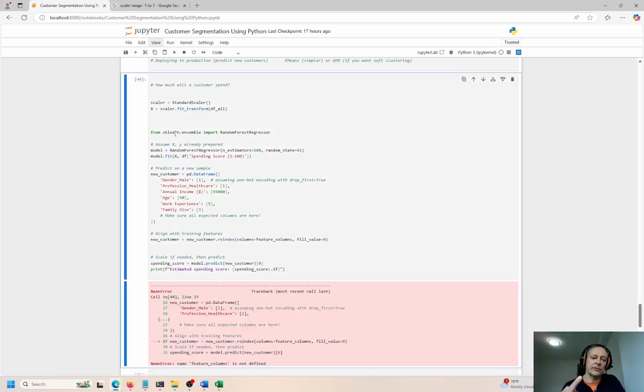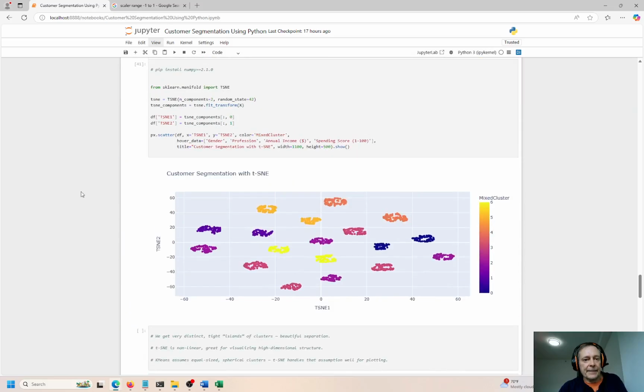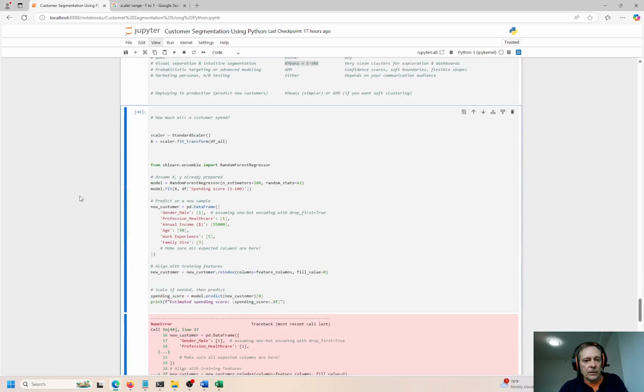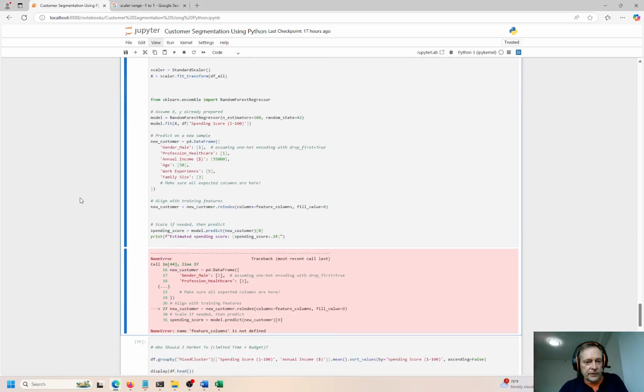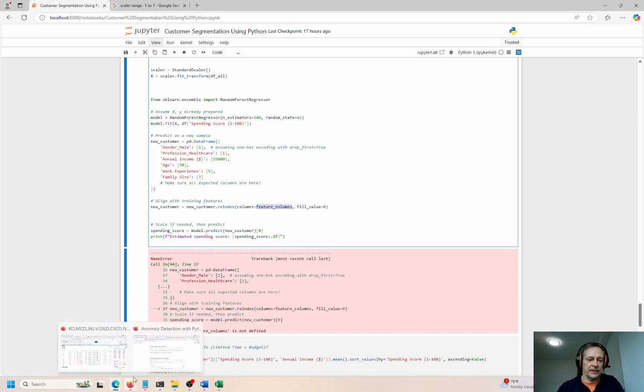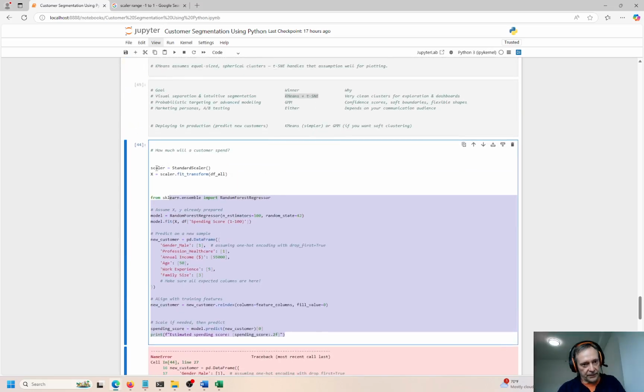So we've done all the data analysis. Feature columns is not defined. Oh, let me look into this. Feature columns. New customer. Oh, so let me look into this. I was playing around with the code. I must have tripped over something. Must have made a mistake here because I erased something, unless it came from back there, because I did delete that.